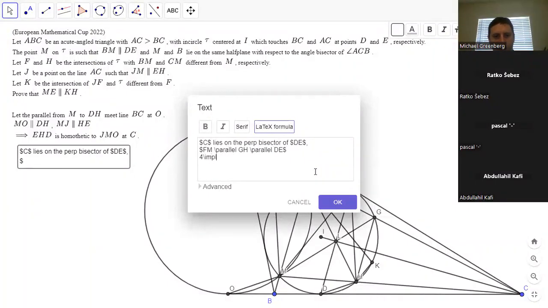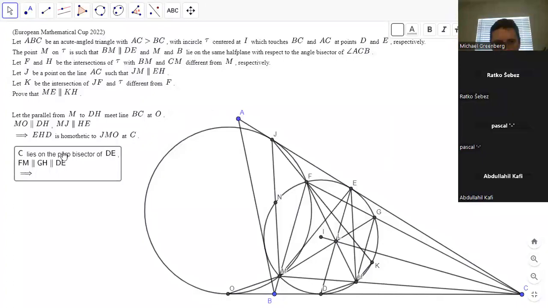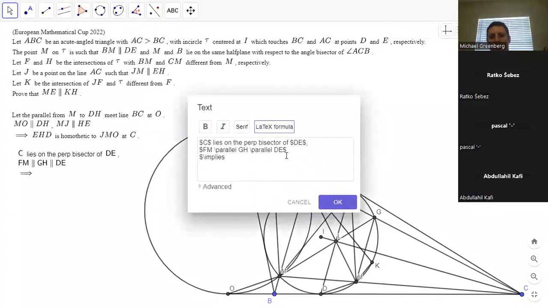And that means that F, G, and C are collinear.